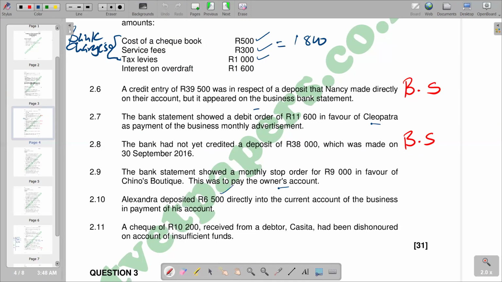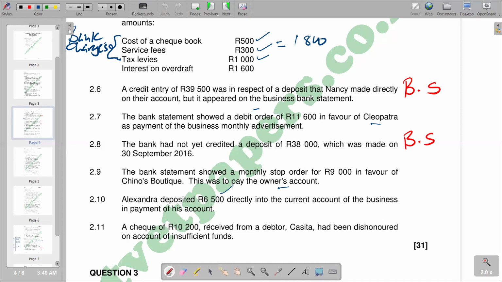And we can move on to the next one, which is now saying a check of 10,200 rands received from a debtor, Casita, had been dishonored on account of insufficient funds. So basically what happens when a dishonored check is issued by the business, the moment it's issued by the business, it's recorded on the credit side of the cash book, in the hope that it's going to be processed at the bank.